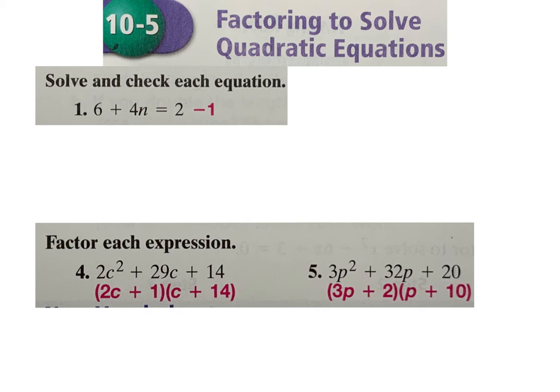So when we graphed our quadratics, one of the things that we looked at was when it crosses the x-axis and when the y value is 0. And so we're going to be using these methods here, just straight up solving equations and factoring to solve quadratics.